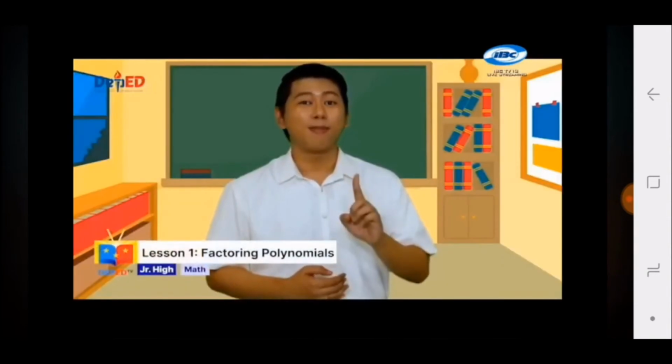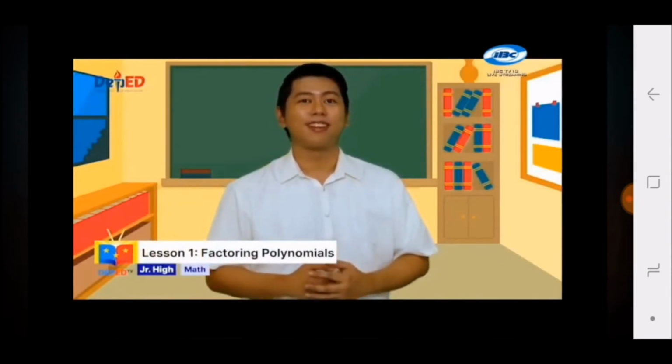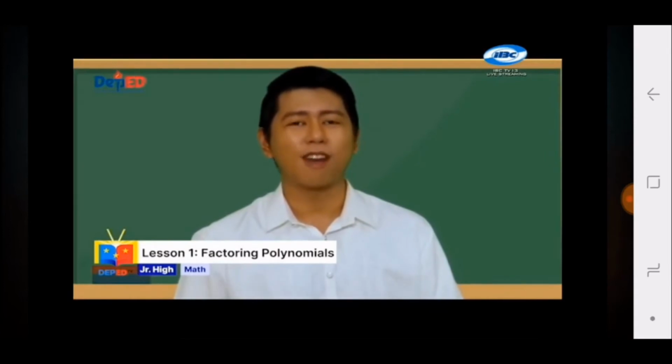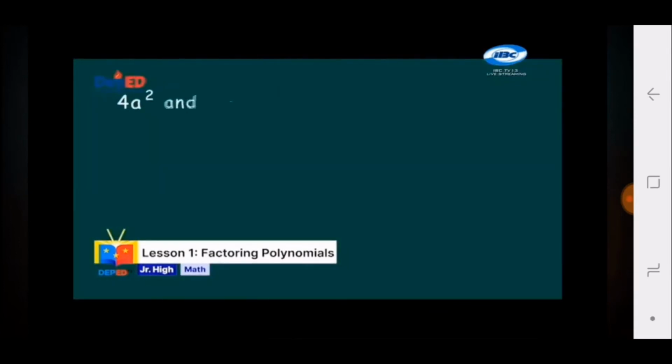That is one method we can use to determine the greatest common factor of polynomials. But there are some cases where it seems that a given pair of monomials do not have a common factor. Observe these monomials, 4a squared and 9b squared.